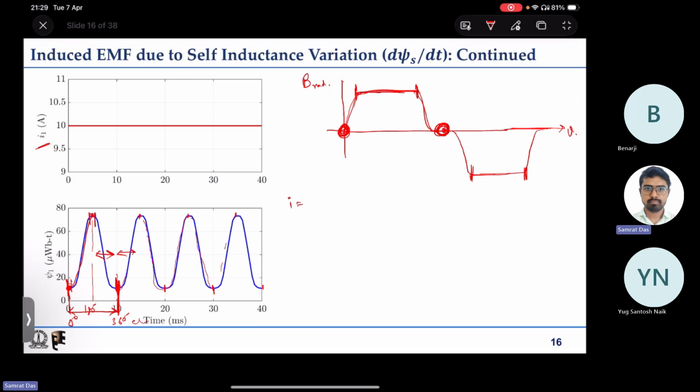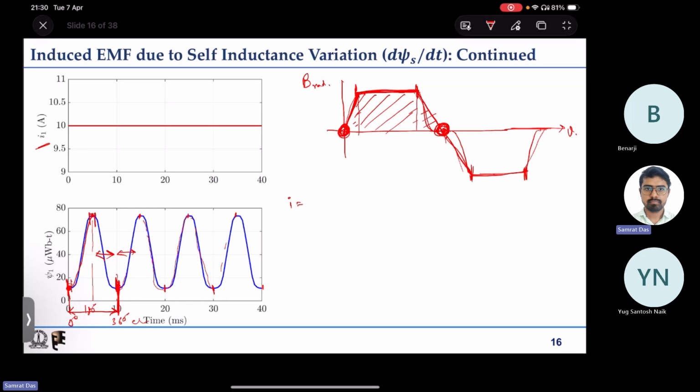If you assume that B falls linearly to 0 and again comes up linearly here, taking some approximation of this shape, then you can integrate. This is nothing but the area enclosed. So this is a rectangle, and these two are the triangles. You can get the area, and that area indicates the flux. So you get the flux at this position.